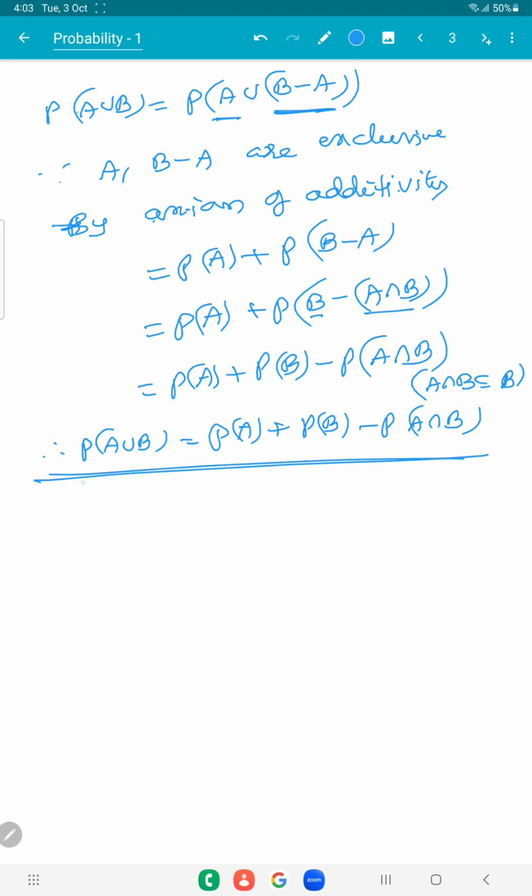Next is the second one: define conditional probability. We have to remember the conditional probability, no issues.